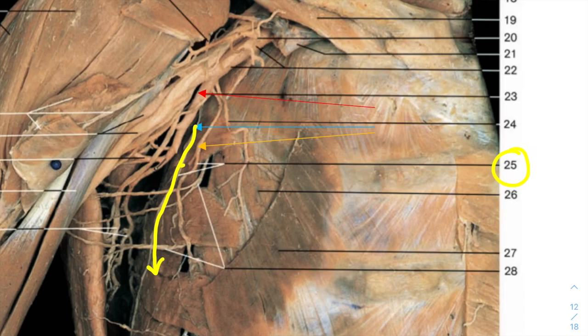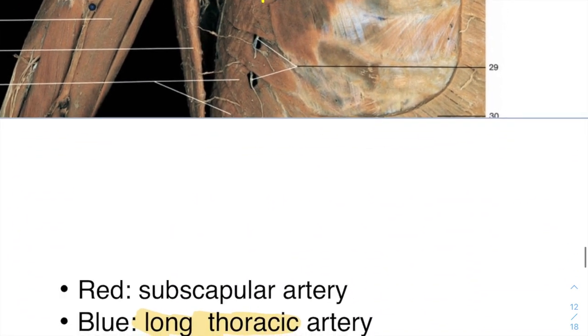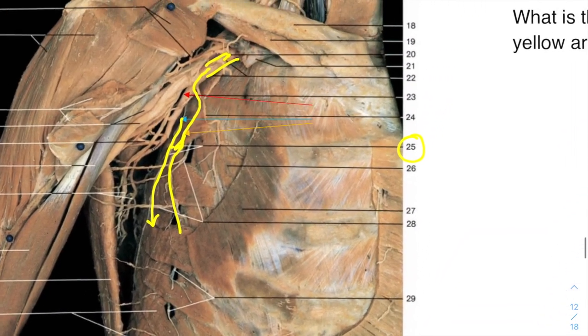The same thing with this green arrow, which is identifying the artery. You can see this massive artery coming out, and from it there's a little branch that goes down and feeds into here, and it goes down and feeds into that. So that is going to be your lateral thoracic artery.